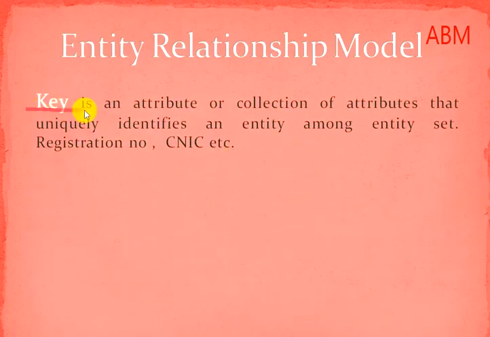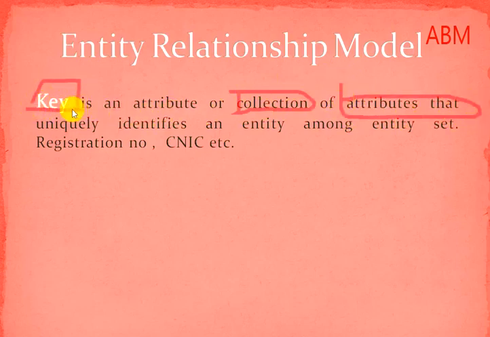So what is a key? A key may be a collection of attributes, or it may be a single attribute from the set of attributes. For example, the student has different types of attributes: the name, the registration number, the date of birth, etc. We must take one attribute from his characteristics which may separately identify it in a database.